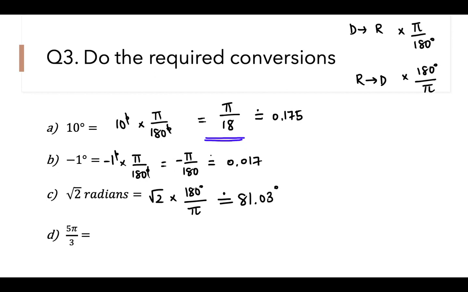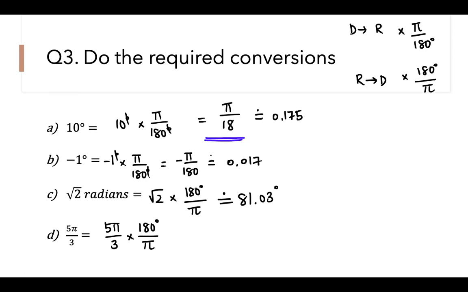Now, when you don't see a radian in the unit, and you see pi, that means it's going to be in radian. So we have 5 pi divided by 3. Then it's going to be 5 pi over 3 times, I'm going to change it into degrees, so 180 degree over pi.